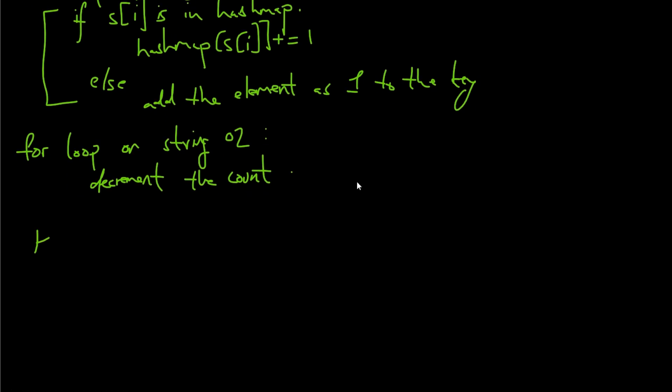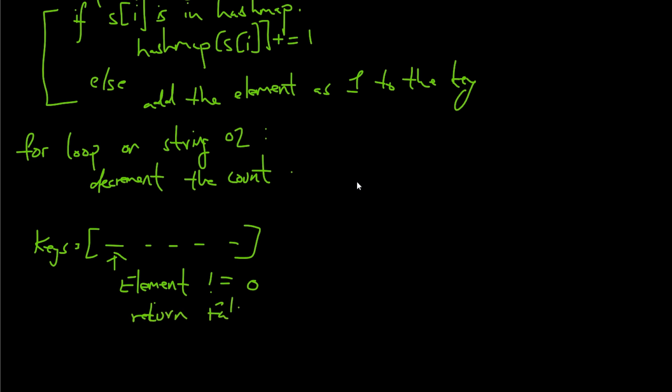That is the reason you put the keys in your hash map in the form of an array, and if any of them is not equal to 0, you are going to return false, that it is not an anagram. Else the base condition is return true.